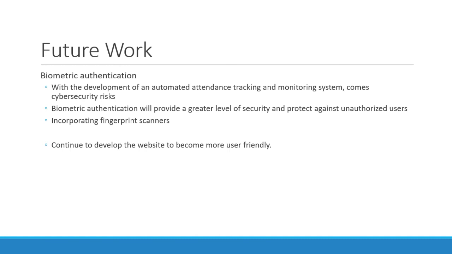I think incorporating fingerprint scanners is the best way to go. Fingerprints are very accurate, more accurate with more fingerprints. So I'd say maybe 2 fingerprints, just to be sure. And say you get a cut on one finger that day, you don't want that to be the end all be all. So I would really like to incorporate biometric authentication.